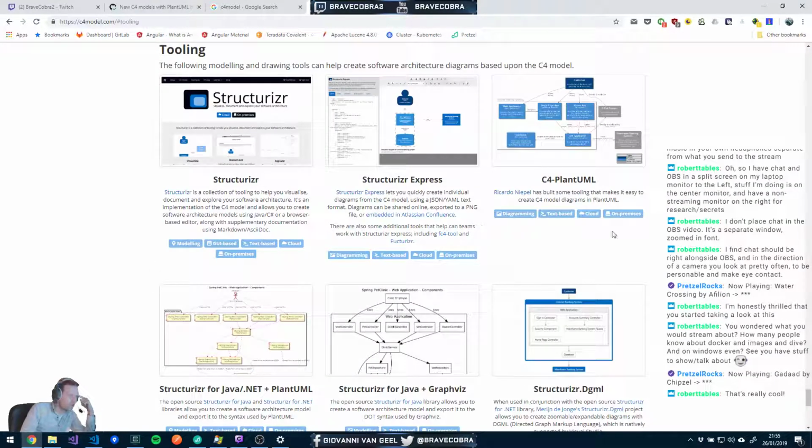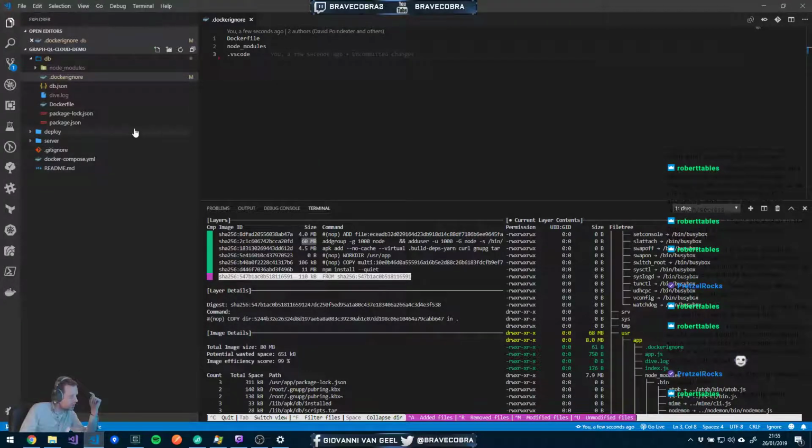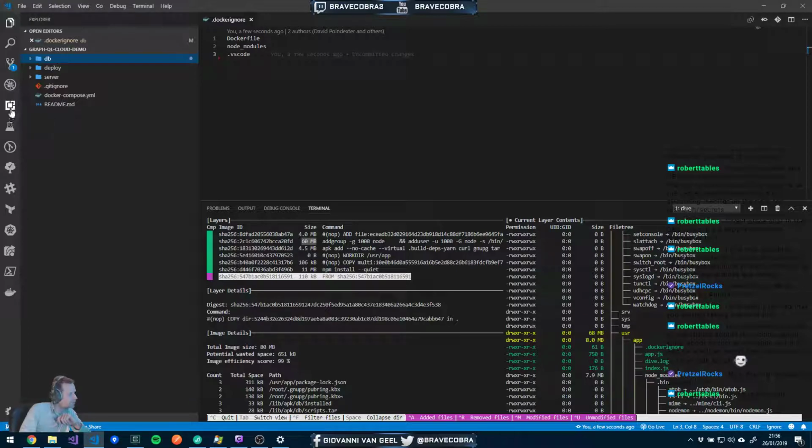And if you look at the tooling, there you have one of those guys called Ricardo Niebel, who made it easy with PlantUML to generate those. So now you have PlantUML in a VS Code extension, right? Let's see if I can grab that one.